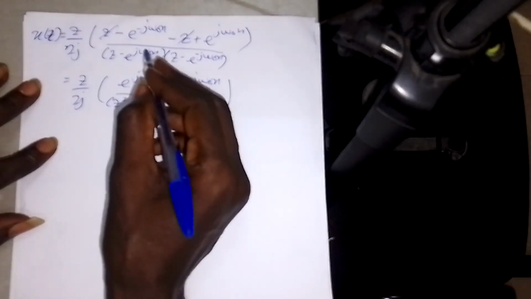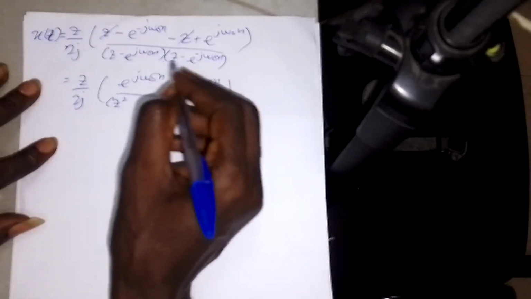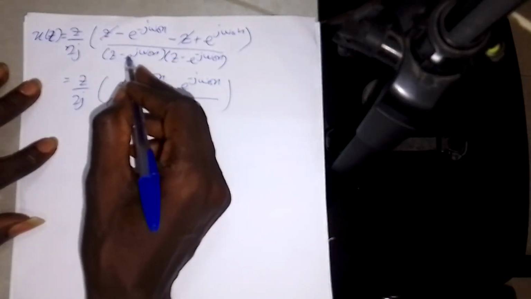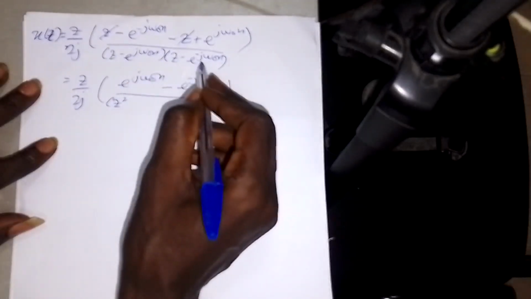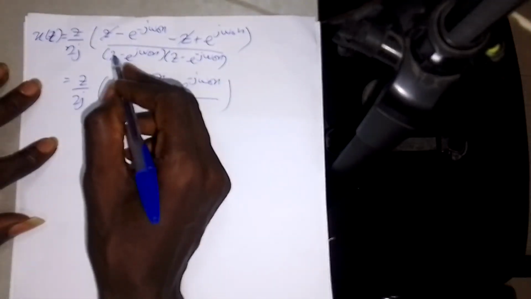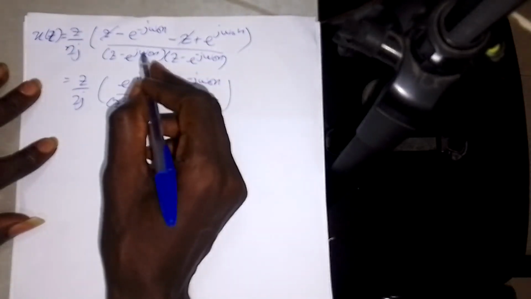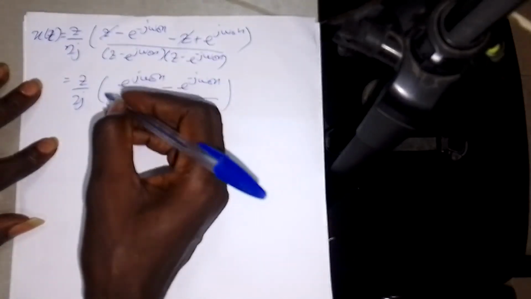Okay, Z squared into here, I'll get Z into Z, and then this guy into this guy, and this guy into this guy.